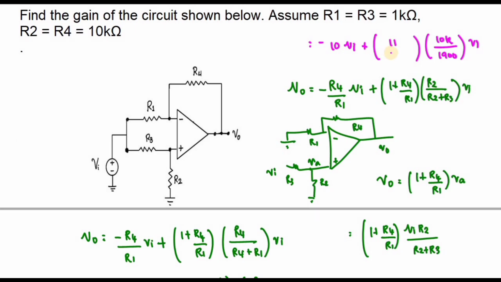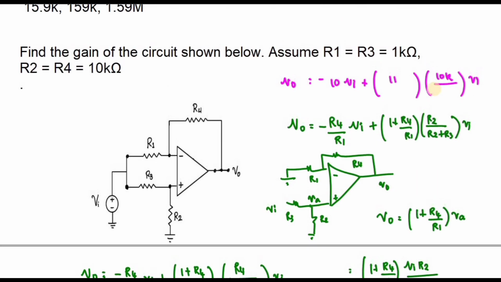This is your V naught. Now this has to be 10,900.